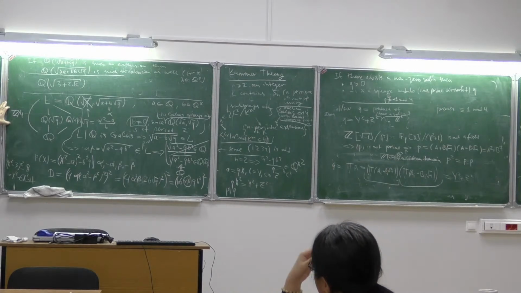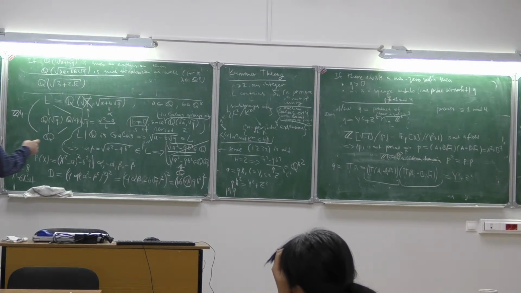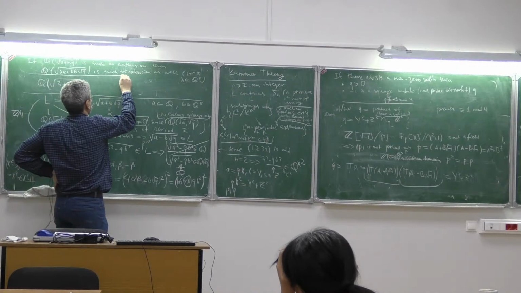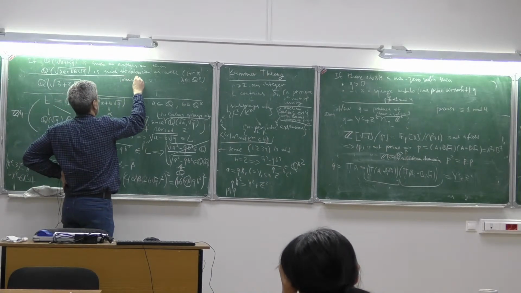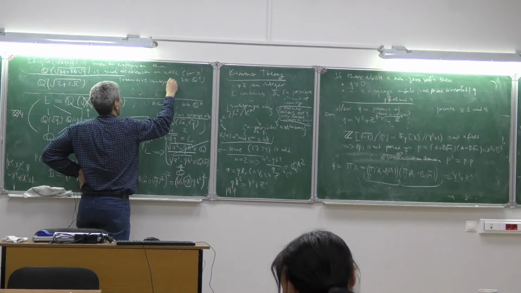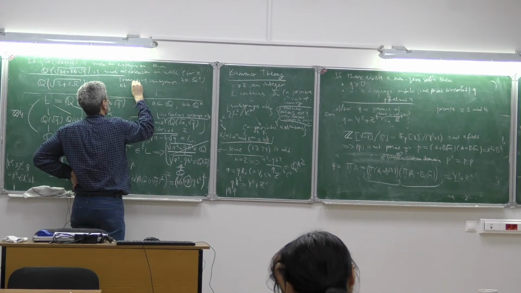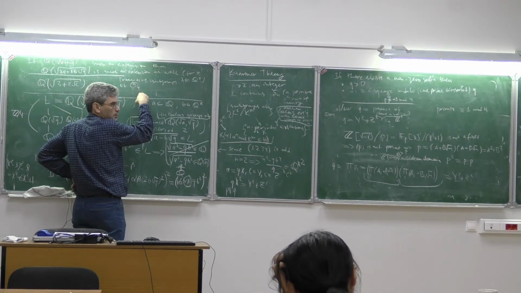It may be Z mod 4, but it may be, what are the transitive subgroups? So the question is, what are the transitive subgroups of the symmetric group on 4 elements.